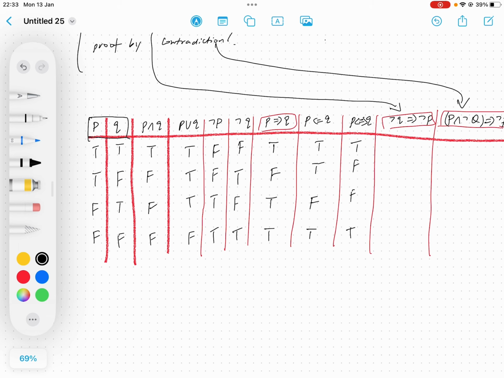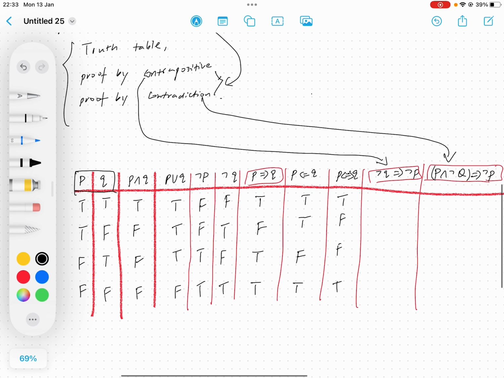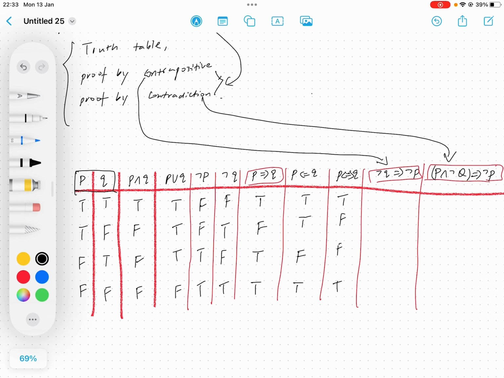Good. The next is the negation of Q: not Q implies not P. That is something we normally see, called proof by contrapositive or contraposition. We simply use the negation of the result to imply the negation of the condition, and if this is true, then we say that P implies Q is true.